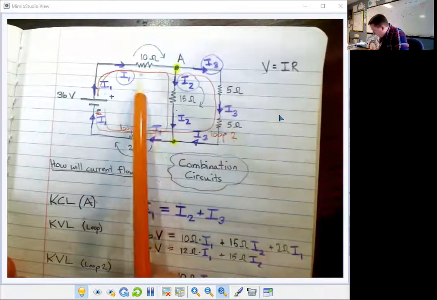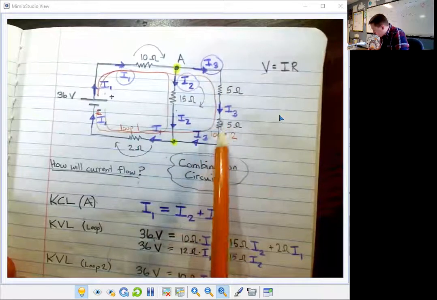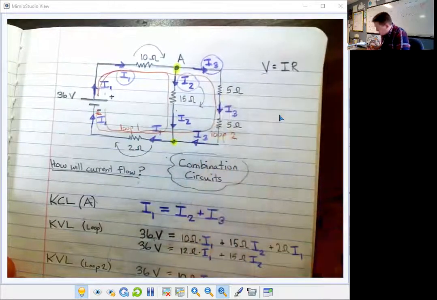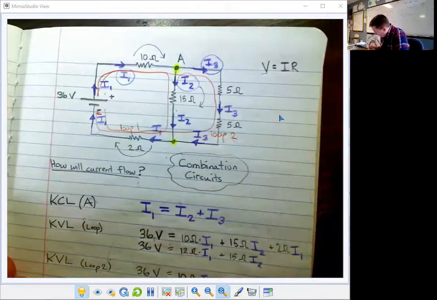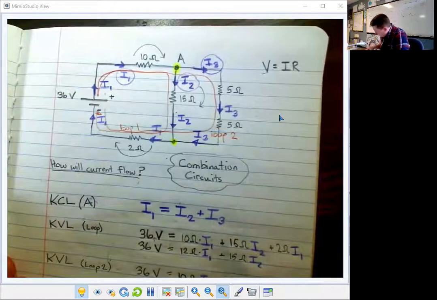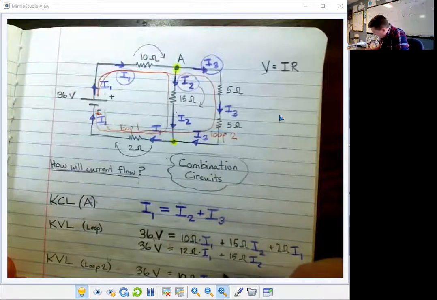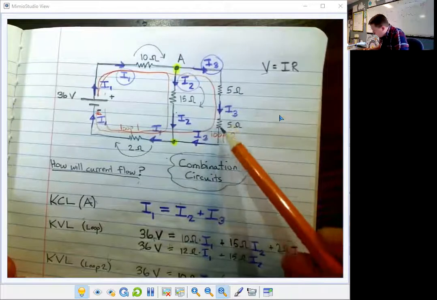But now I'm going along this highway with current 3 going through 2 resistors. Okay, so I'm going to have 5 ohm I3. And I have 2 of those, so I might as well just multiply that by 2. Okay, continuing along the path.